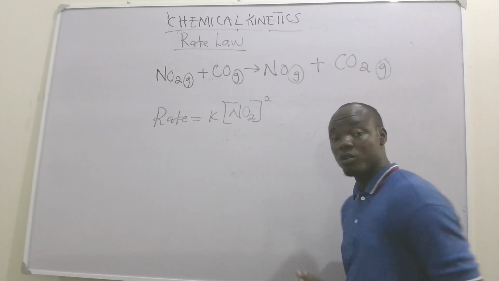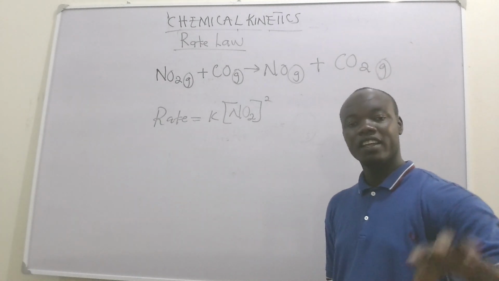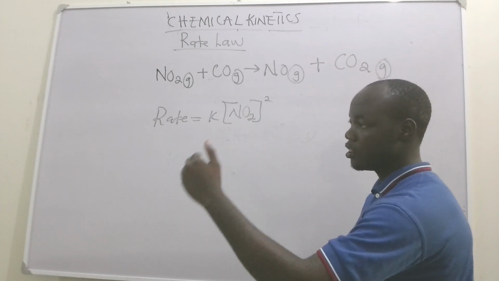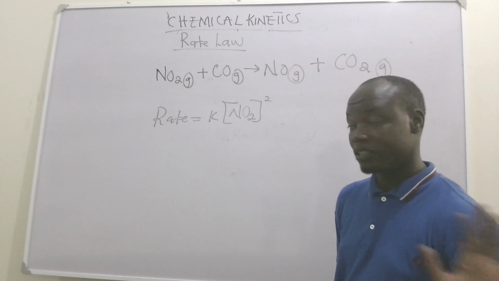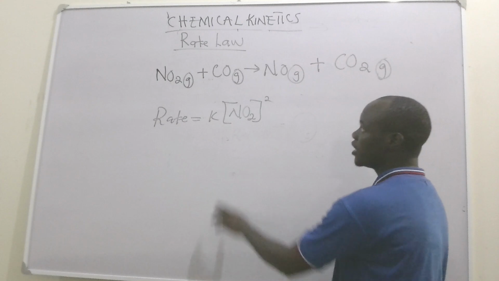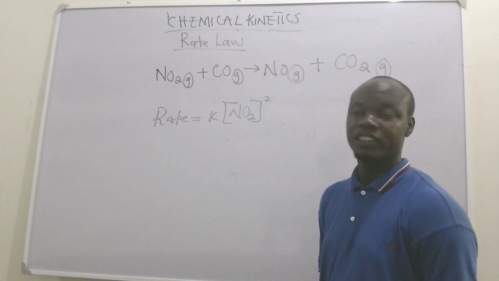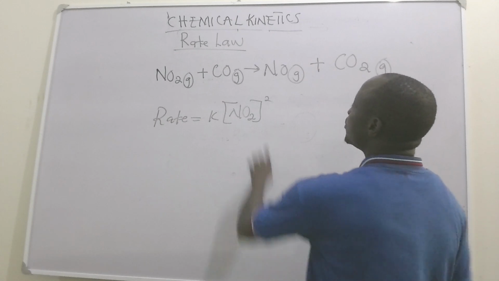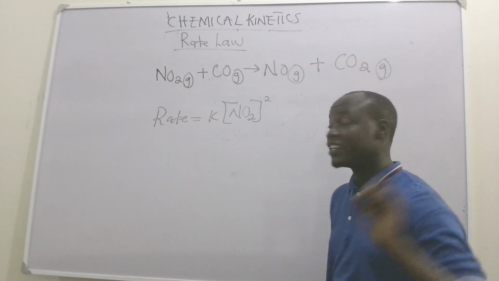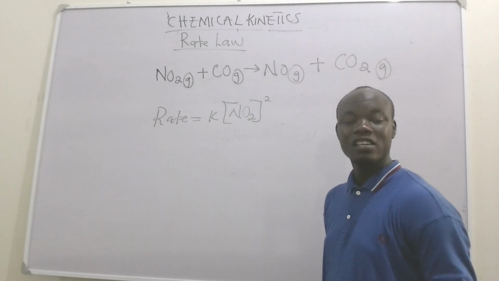It means that generally when we are thinking about the rate law, it's just trying to show the relationship between the rate of the reaction and the concentration of the reacting particles. So you can actually get something like this from here. We know there is CO. Is it that we really ignore it? No. If I didn't express it in the rate law, it tells us that CO is zero order.